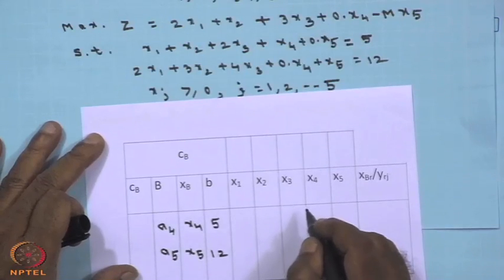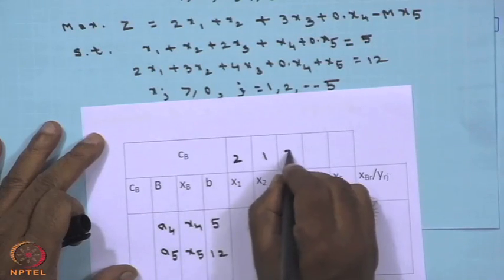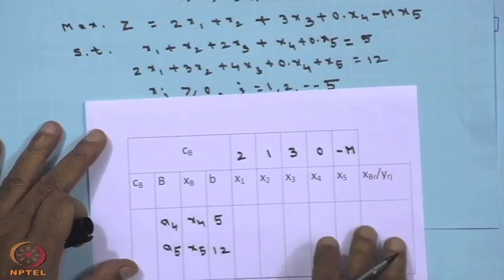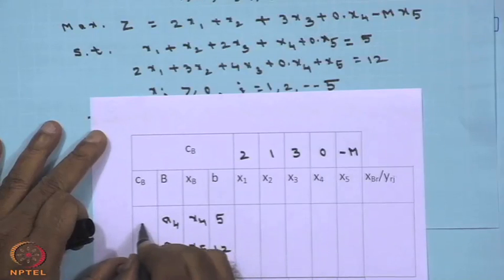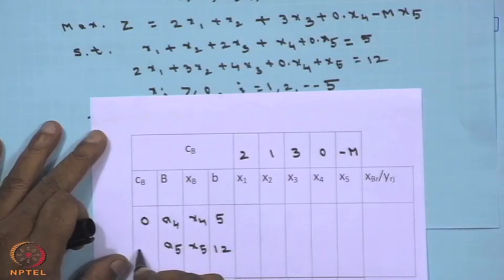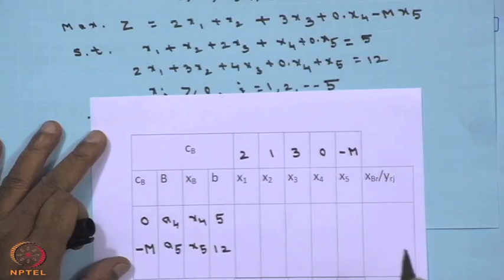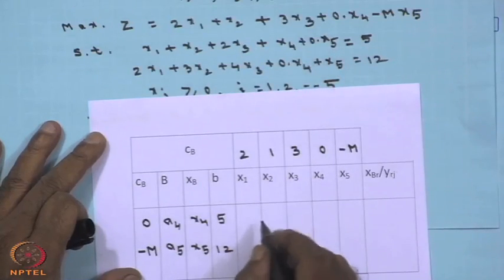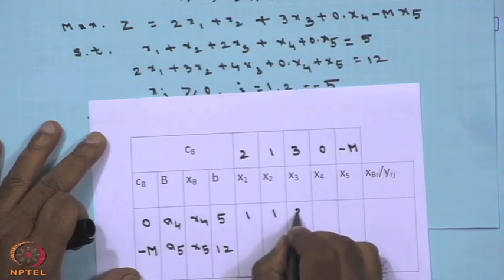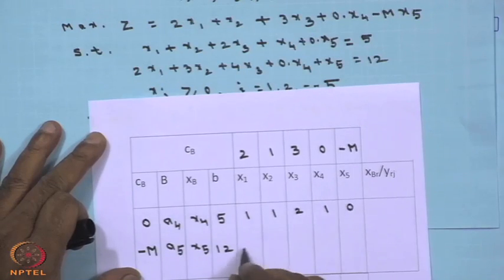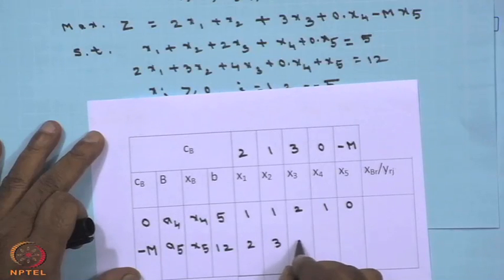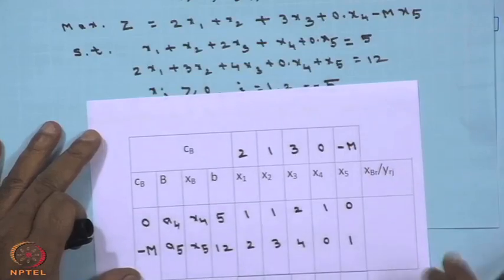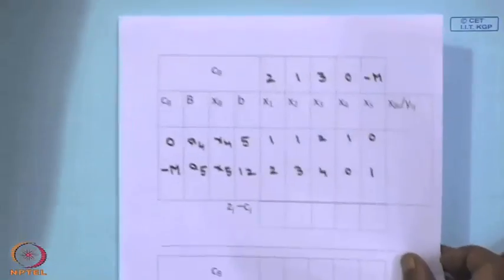The coefficients of the objective function are 2, 1, 3, 0 and for the artificial variable it is minus M. So C B corresponding to x 4 is 0, and corresponding to x 5 it is minus M. Now let us write down the coefficients of the constraints: 1, 1, 2, 1 and 0, then 2, 3, 4, 0 and 1. Directly you are writing from these two constraints as usual. So I think it is all right.